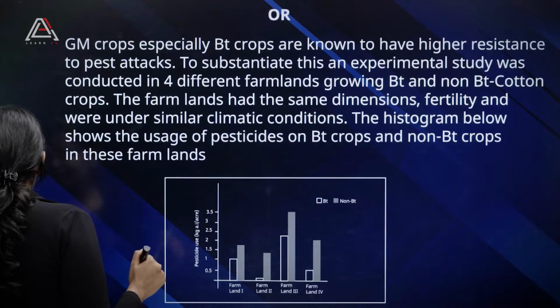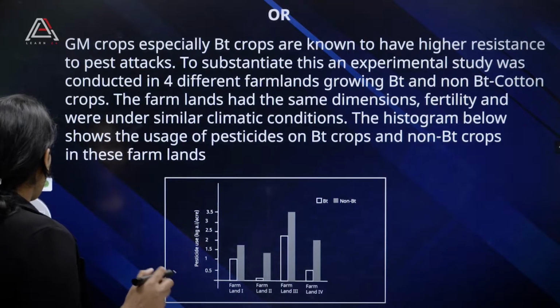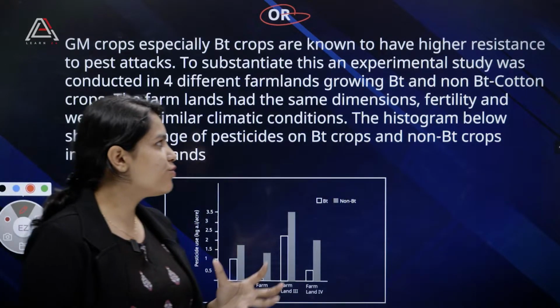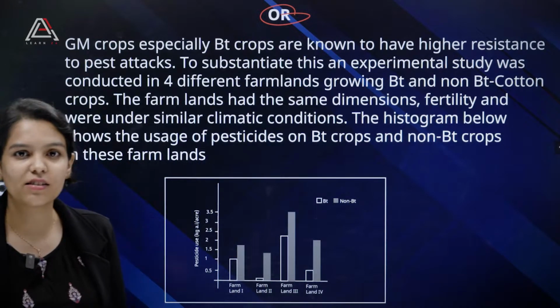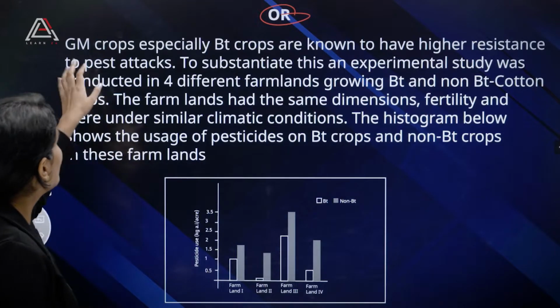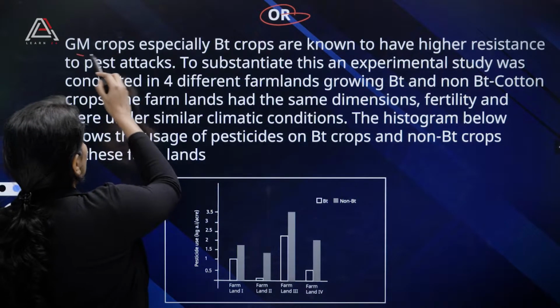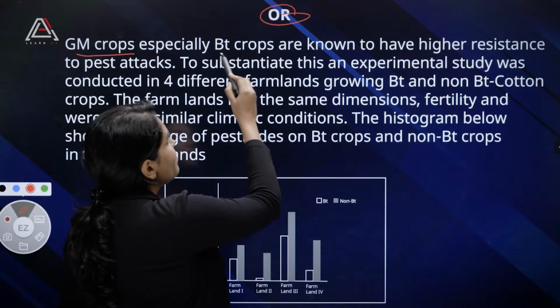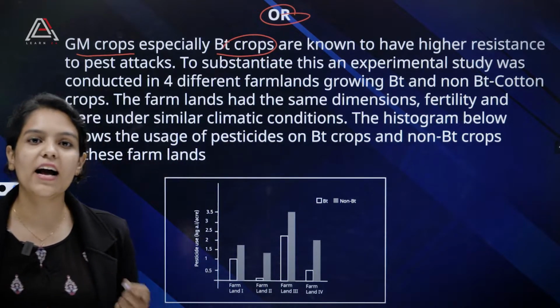So this question 13 itself has an OR part. Let's read this case study and try to understand what it is asking us. In this GM crop, that is genetically modified crop, especially the BT crop, is known to have higher resistance.